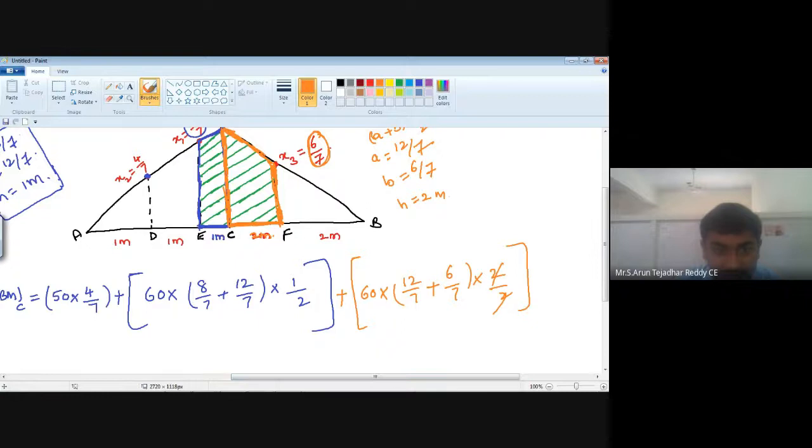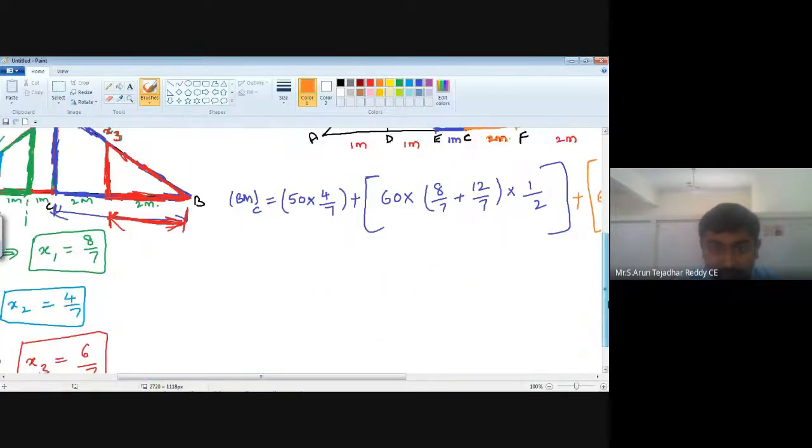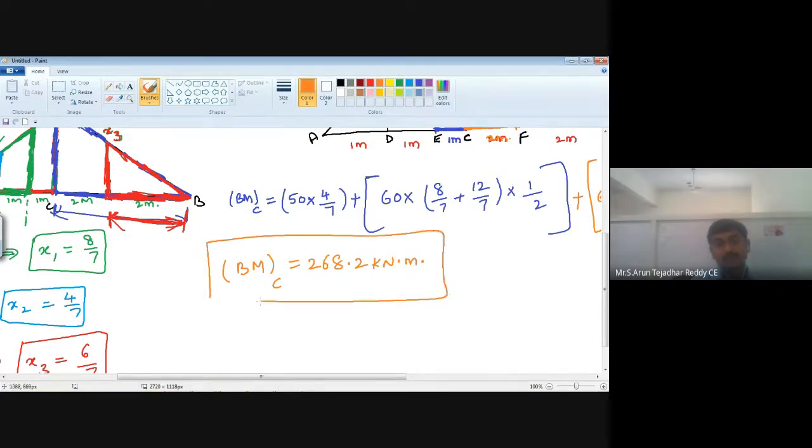Now what is the value of bending moment at C? 268.2 kilonewton meter. Okay, this is our bending moment at C.